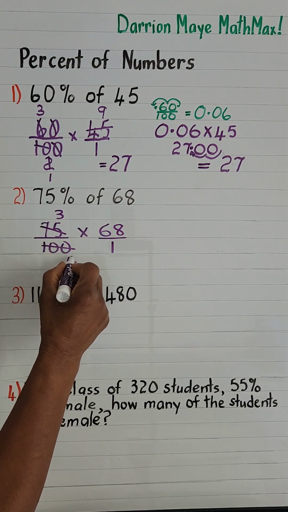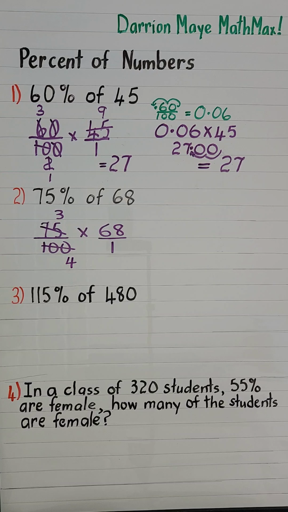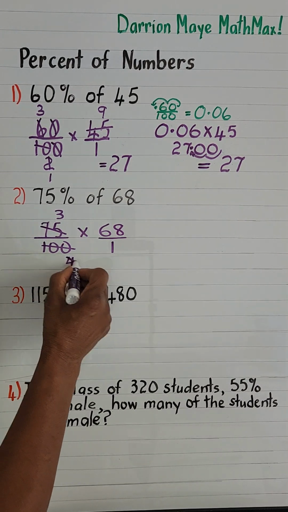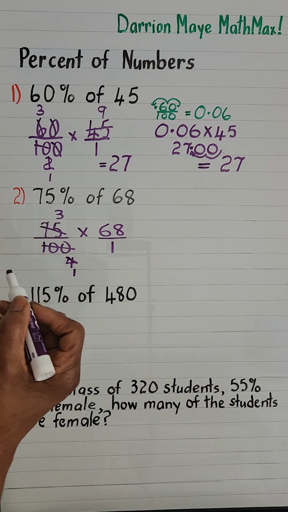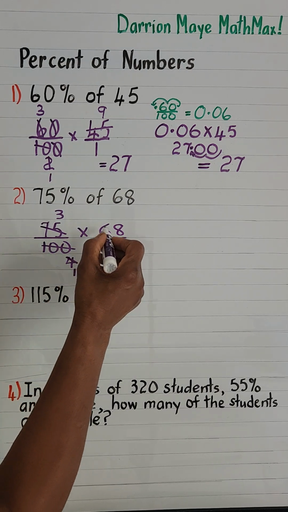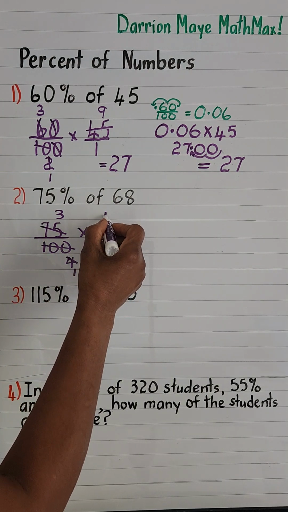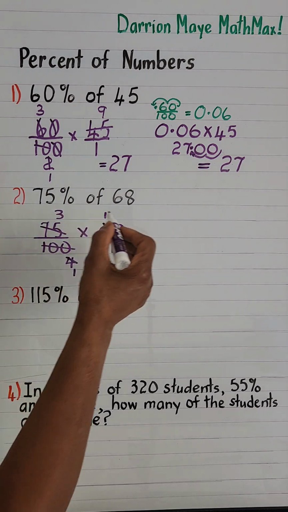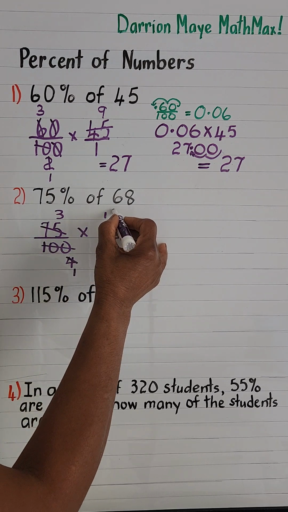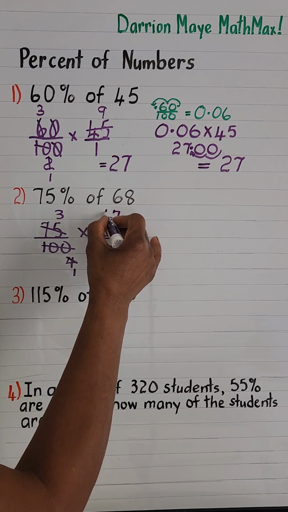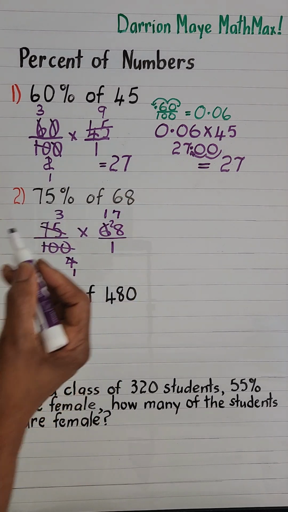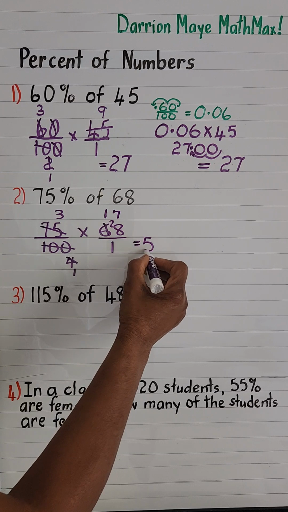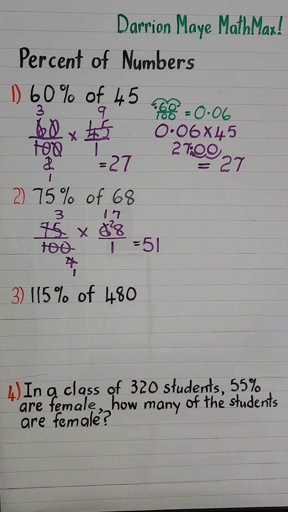And this is 4 times. 4 divided by 4, 1. 68 divided by 4, 17 times. And now we multiply across, and that gives us 51.